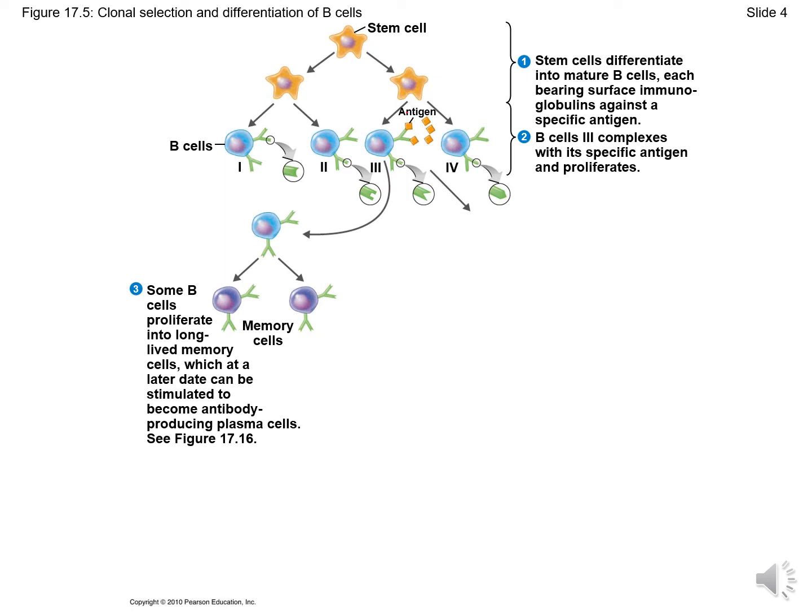Once a B cell comes in contact with the antigen it is specific for, then that B cell will be activated. And when a B cell is activated, it's going to go through a process called clonal expansion. So it is going to divide by mitosis to form daughter cells, genetically identical daughter cells. So that means all of the daughter cells are going to have exactly the same antigen binding sites as the original activated B cell.